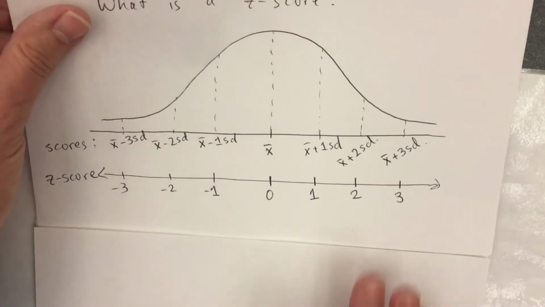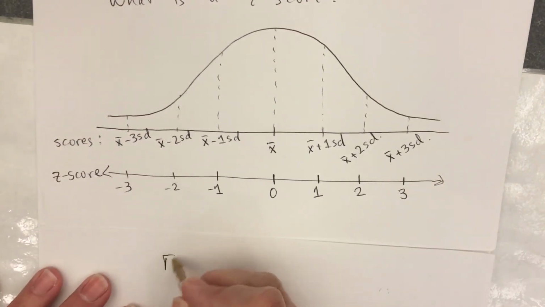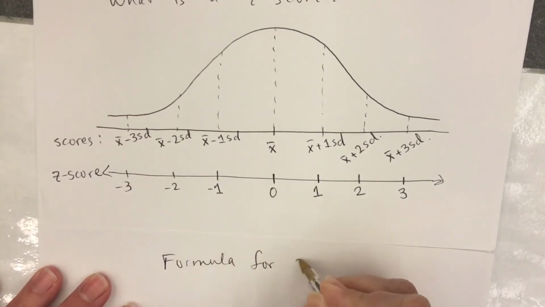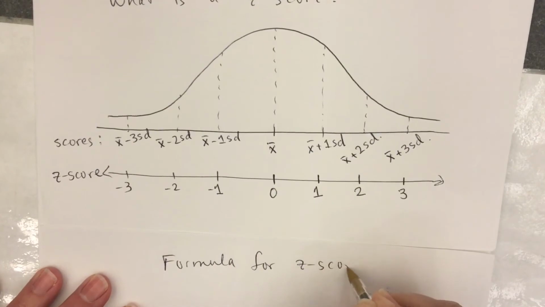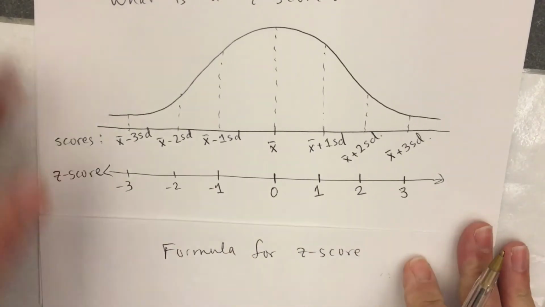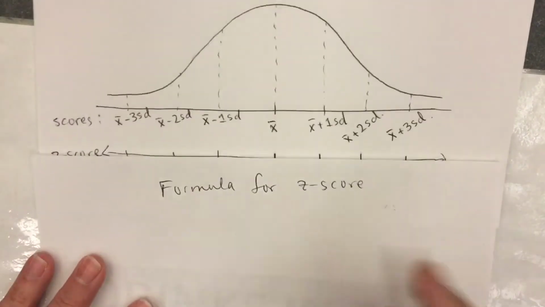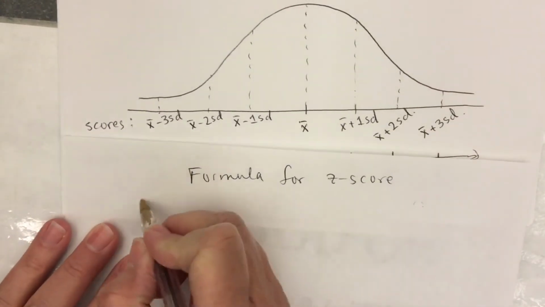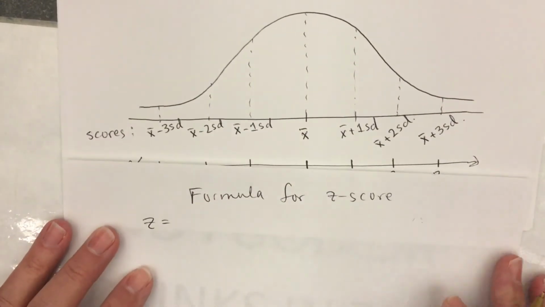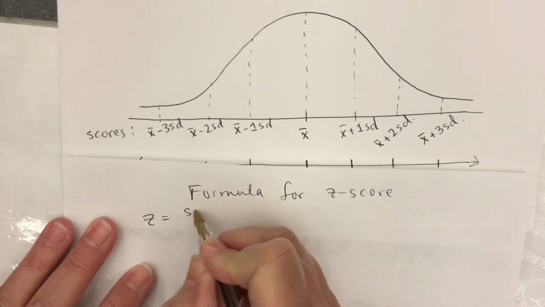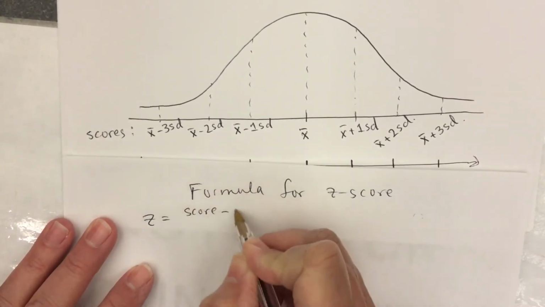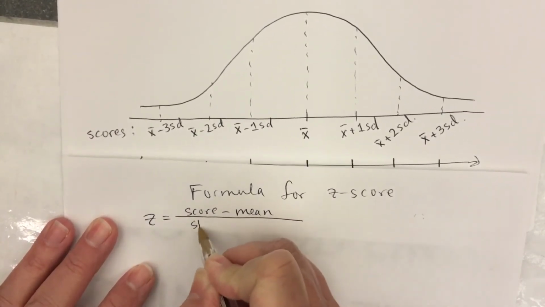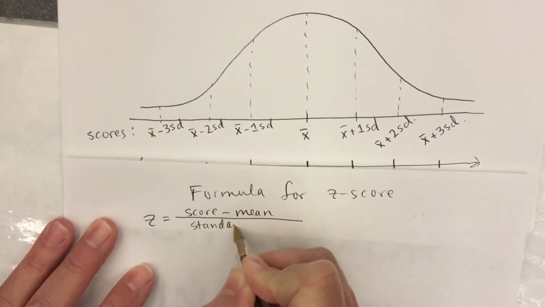Here's the formula for z-score. I'll write z for z-score equals the score minus the mean divided by the standard deviation.